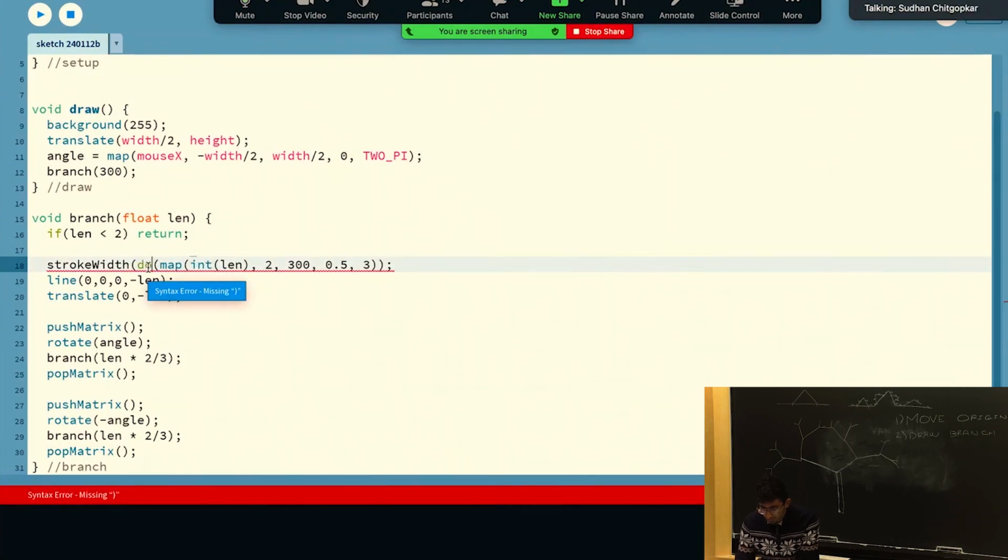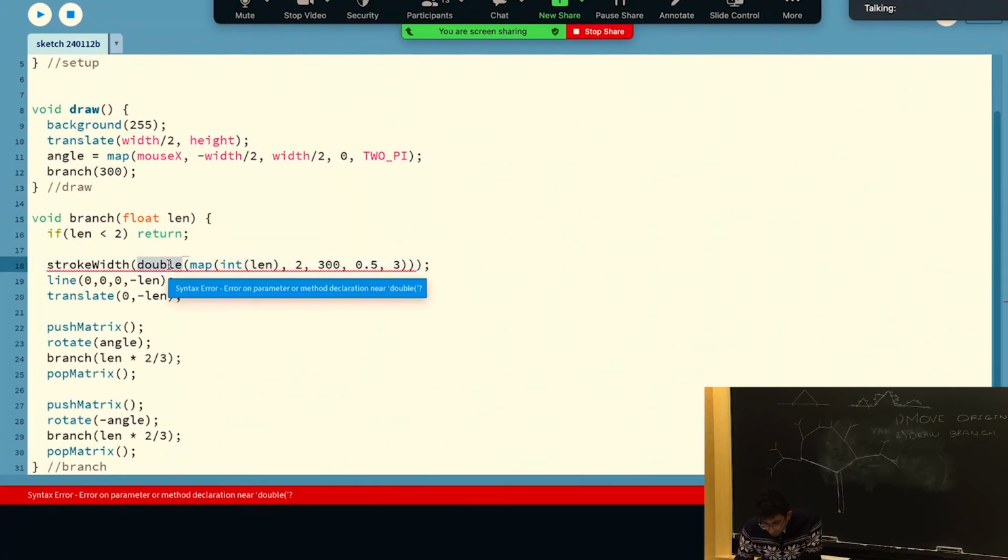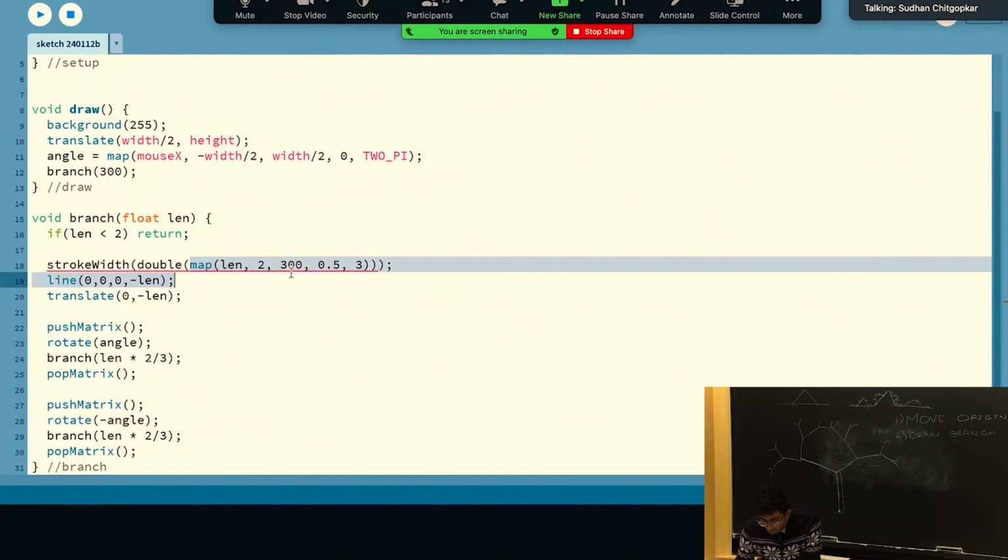This might need to be a double. Okay, again with the minutia of processing, and even that might not be right. No. Okay, so we want to map length from 2 to 300 between 0 and that.